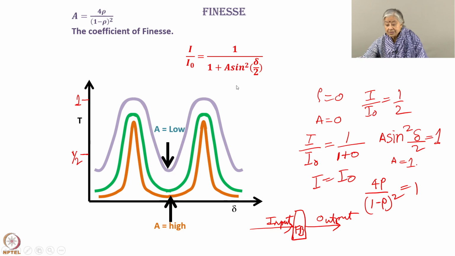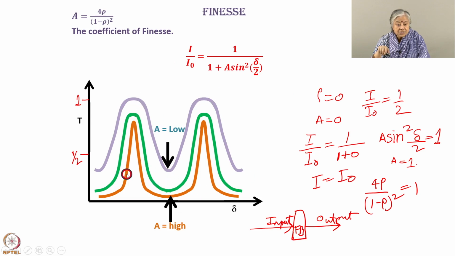See, here the factor visibility comes into the picture. The maximum and the minimum, the difference should be well contrasted. In case of this purple curve, it is not that well contrasted.